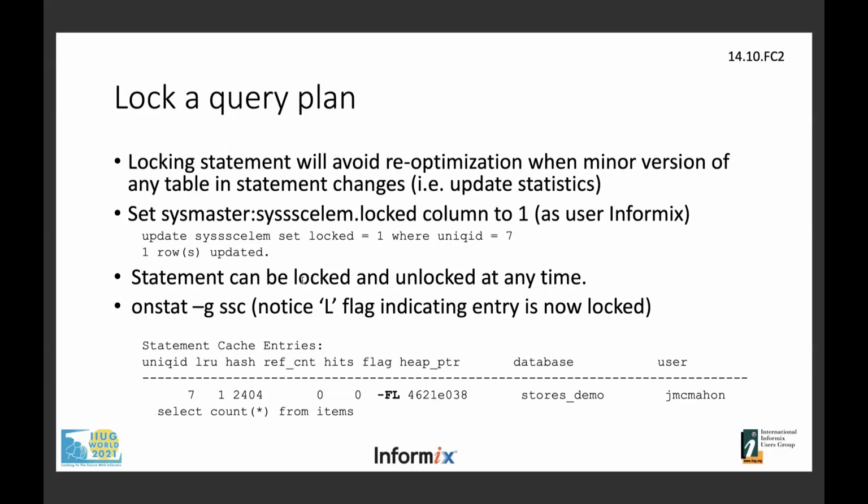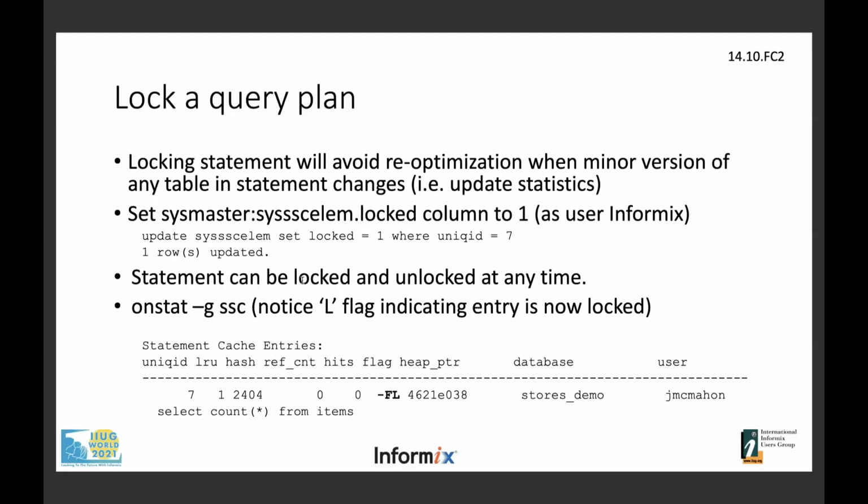This is kind of like an optimizer directive. I want to lock it in. So now you can use this locked column in the sysmaster table to lock in your query plan. Anytime update statistics is run, it's going to leave these alone. These are forever going to be locked with the query plan that they're running at that time.